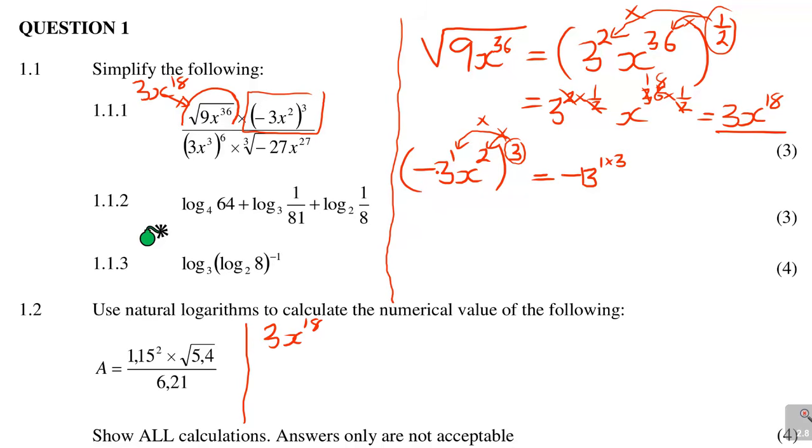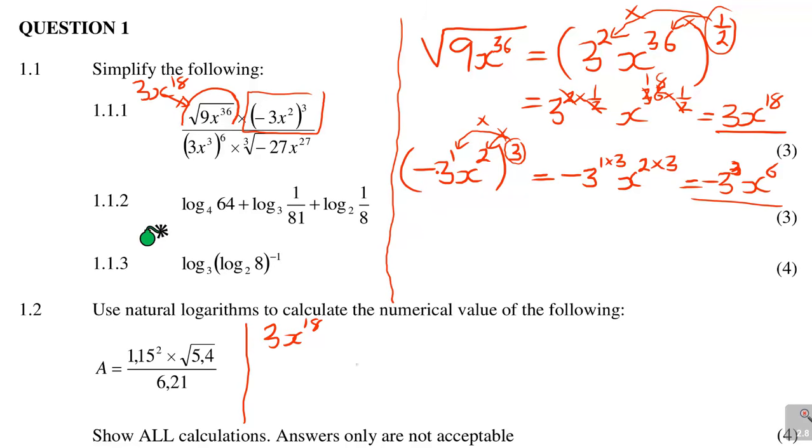So what you'll have is negative 1 times 3, x to the power 2 times 3. When you simplify that, it's negative 3 to the power 3, and x to the power 2 times 3 is 6.